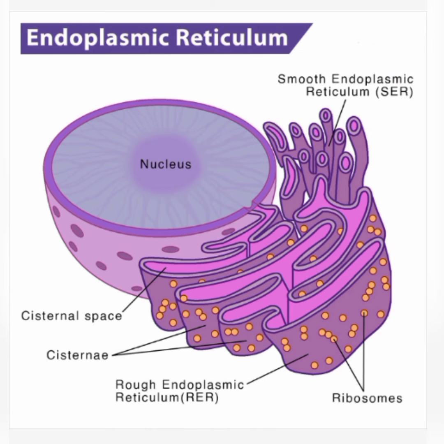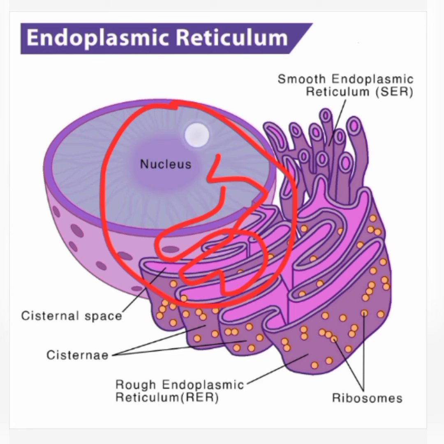Now just consider one thing: if this is a cell and this endoplasmic reticulum is present inside the entire cytoplasm, it will increase the surface area as well, right? Because you'll get sufficient space for various intracellular activities to be performed. So it divides the cytoplasm into small compartments.